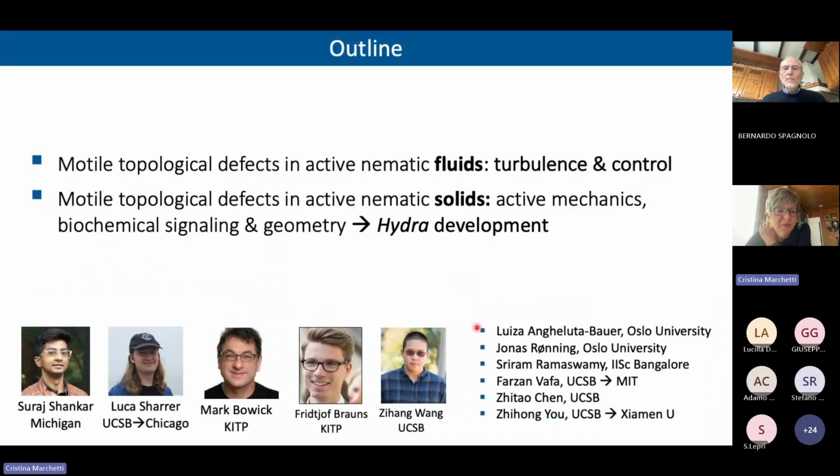So with that kind of longish introduction, what I would like to do today is tell you about topological defects, first in nematic fluids, how defects can become motile in active nematic fluids and drive these turbulent dynamics, and how we might actually control them. And then, hopefully if I have time, I will tell you how they can actually become motile also in active nematic solids and the role they might play in the development of these polyp hydra.